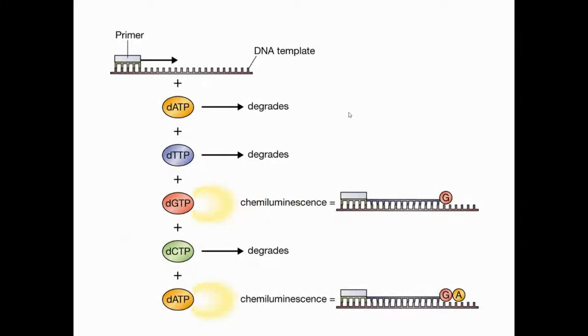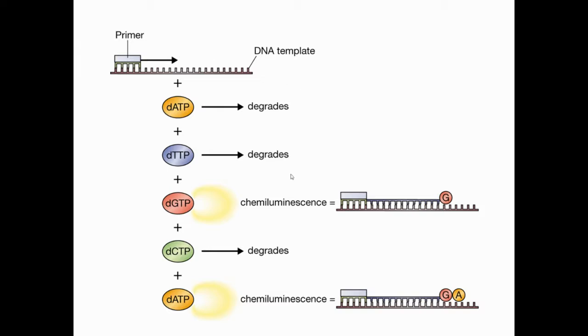In this cartoon, basically you have a template, then you add dATP. If it's not A, then it will be degraded. If it's not T, it will be degraded. If it's G, and they incorporate the G, then they release the pyrophosphate, and this pyrophosphate turns into ATP, providing energy for the enzyme activity to produce the chemiluminescence signal.